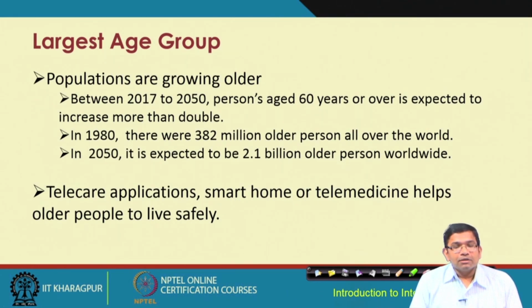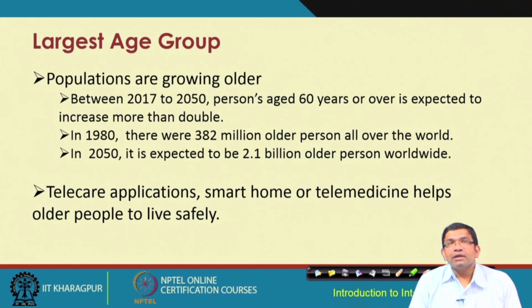Looking at the age groups, populations are growing older. Between 2017 and 2050, the number of persons aged 60 years or over is expected to more than double. In 1980, there were 382 million elderly persons all over the world. In 2050, that number is going to grow to 2.1 billion.